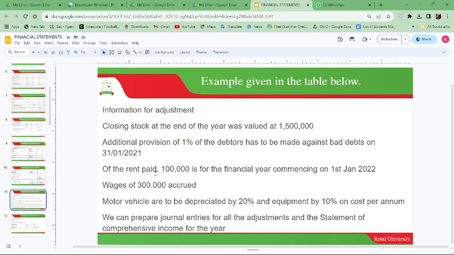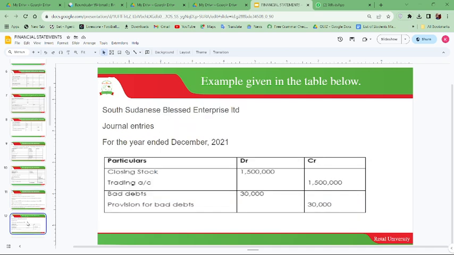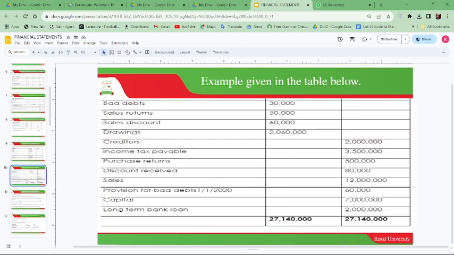So we calculate it. We put the amount of bad debts, which is 3,000, so the provision is 30,000. We come to our question and look for bad debts. Bad debts, we have 30,000.